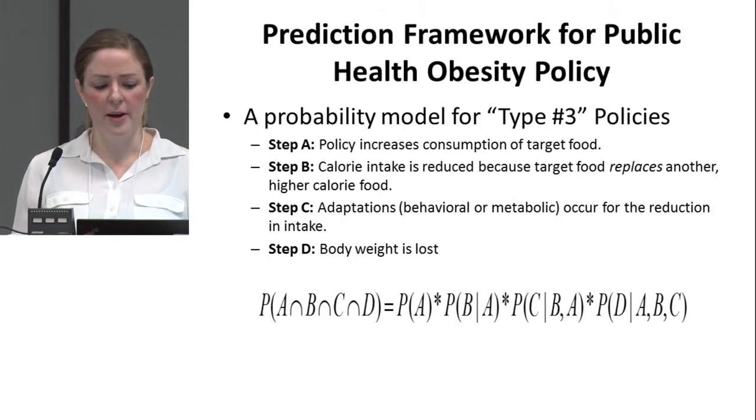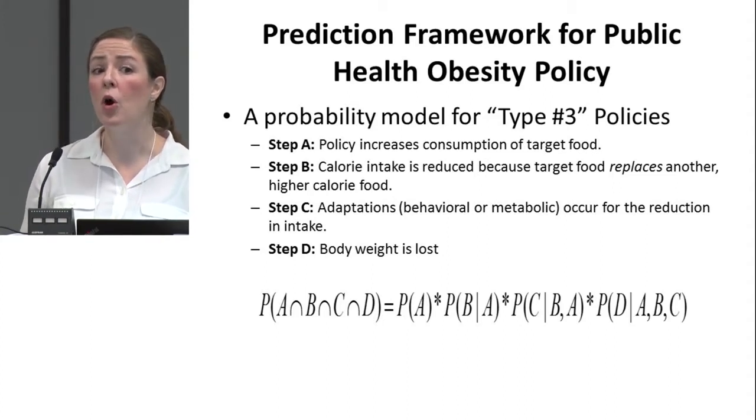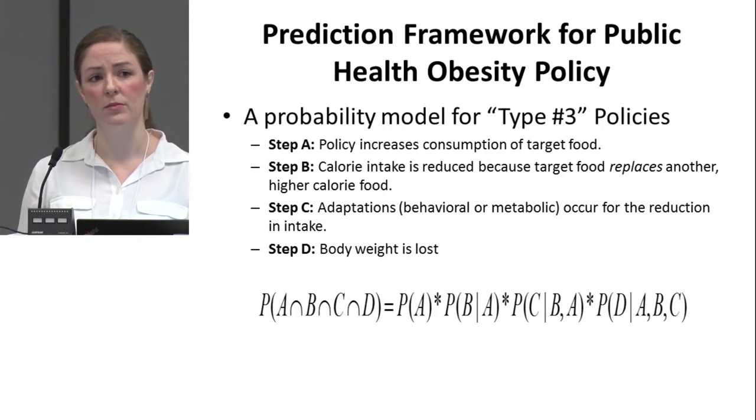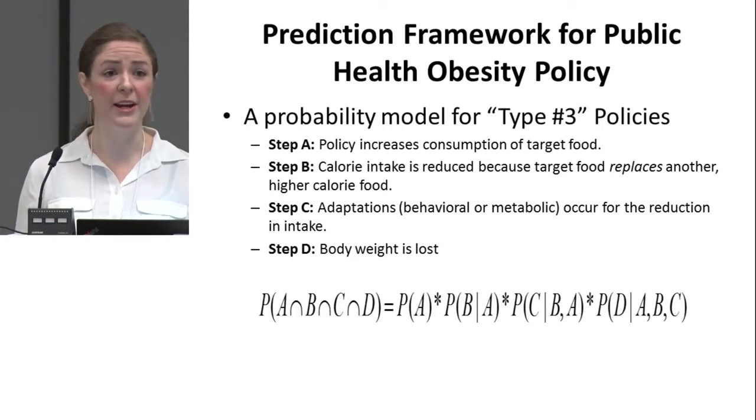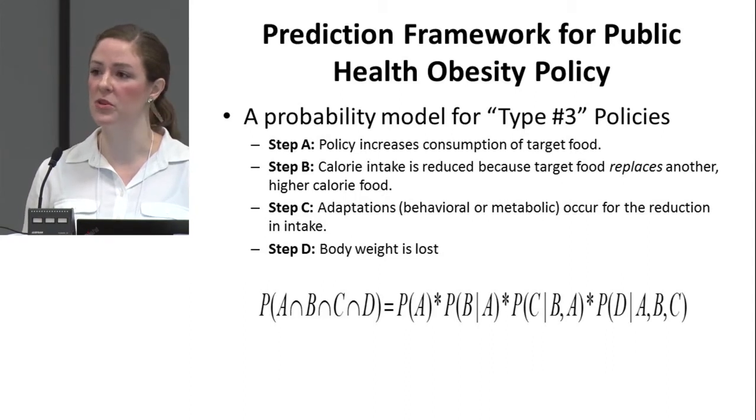Then we have a slightly different model for type 3 policies, because here we're hoping for a replacement, where an unhealthy or energy-dense food is replaced with a healthier food. So this would look a little different. First, the policy actually manages to increase consumption of the target food.